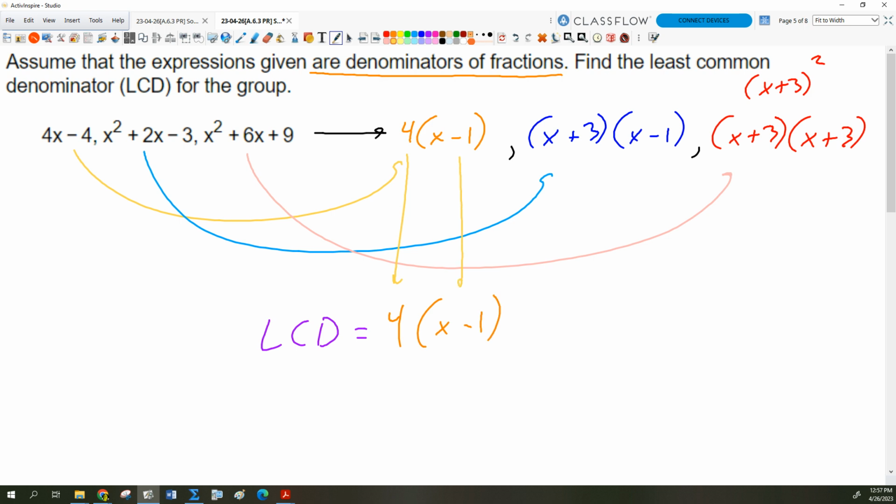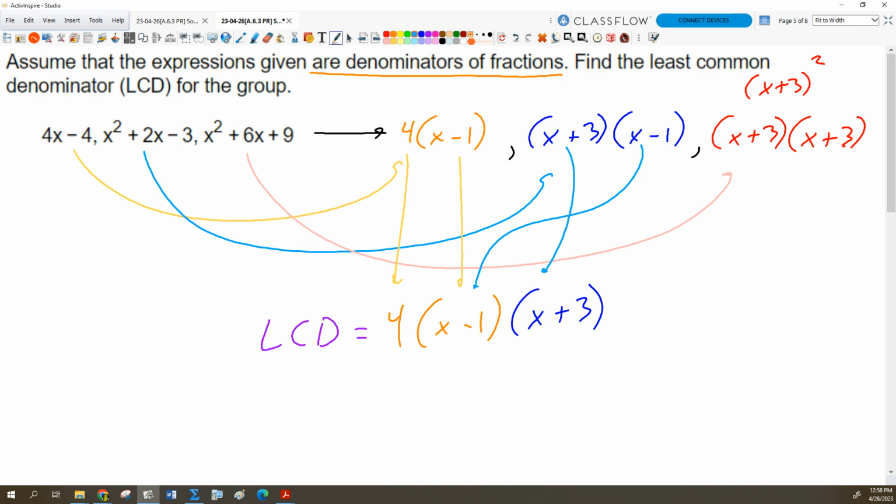Okay, what's next? X plus 3. Okay. Oh, what about that one? It's already there, right? We already have an x minus 1 to the first power, don't we? So that guy can stay there.